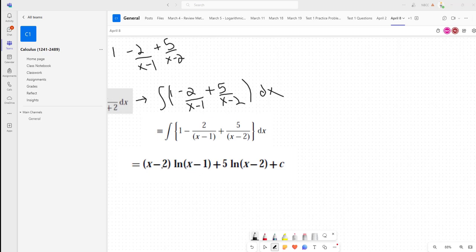Okay, so this piece here, I don't technically agree with the textbook. What this should actually be written as is x. So when we integrate 1, 1 becomes x.